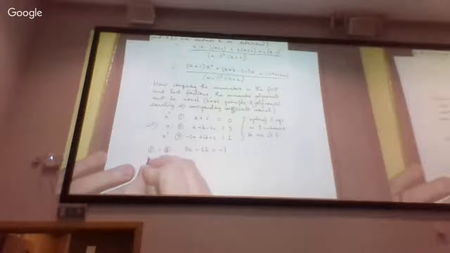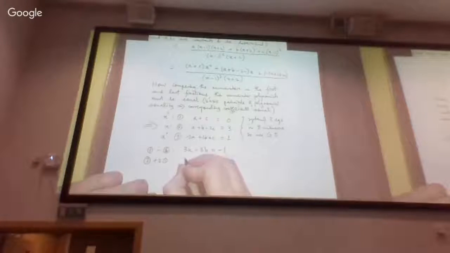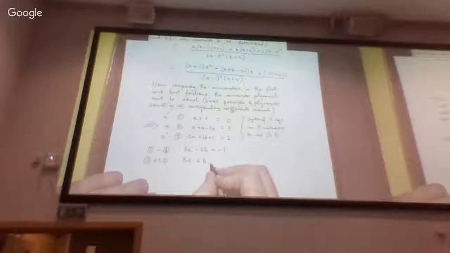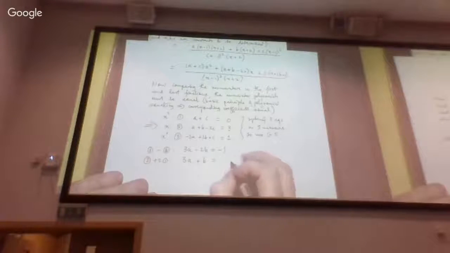And then if I do equation 2 plus 2 times equation 1, that will cancel the c's there as well. So again I get 3a plus b, and the c's cancel, and this has to equal 3.